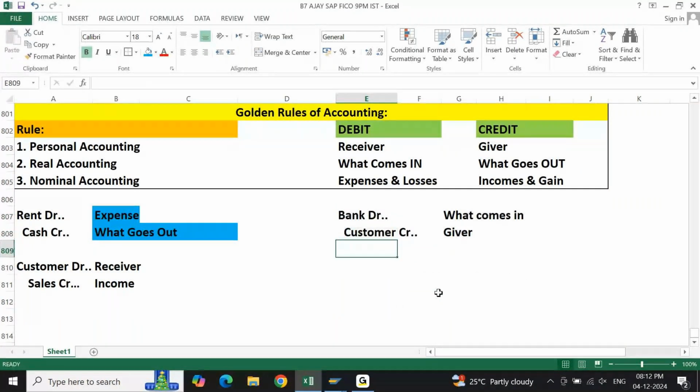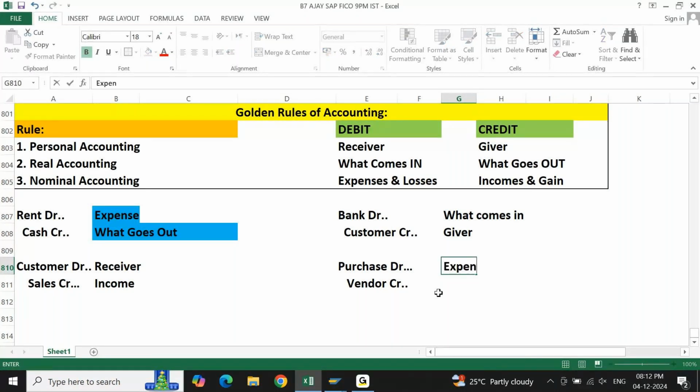If I put purchase account debit, vendor account credit, why am I debiting my purchase account? It's an expense account.